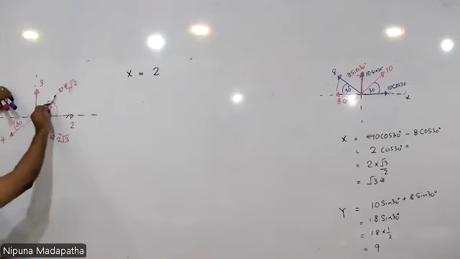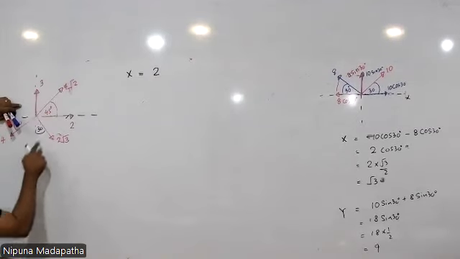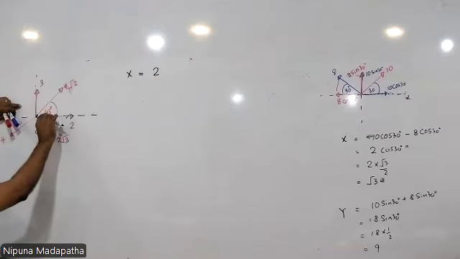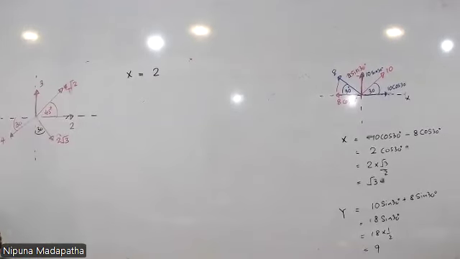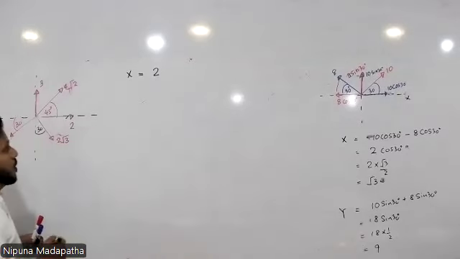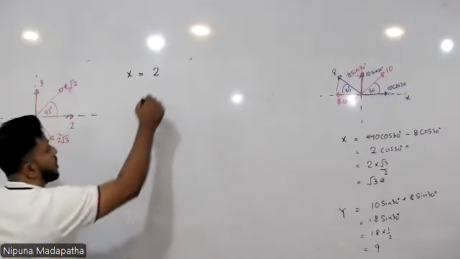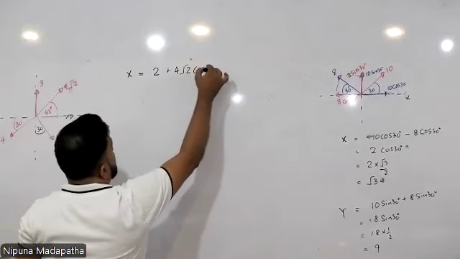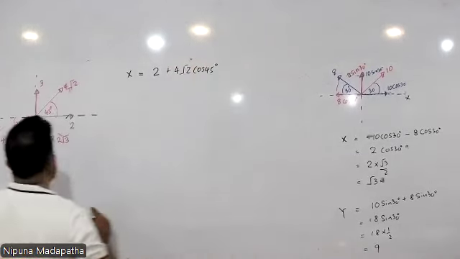Get the x component of this 4 root 2. The x component is 4 root 2 cos, is it positive or negative? Positive. 4 root 2 cos 45.